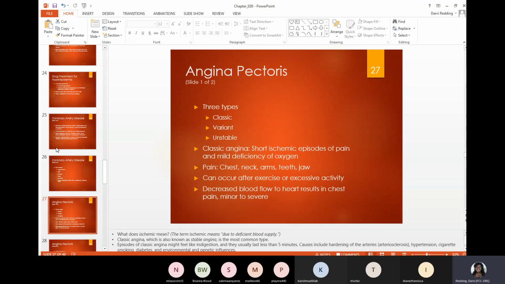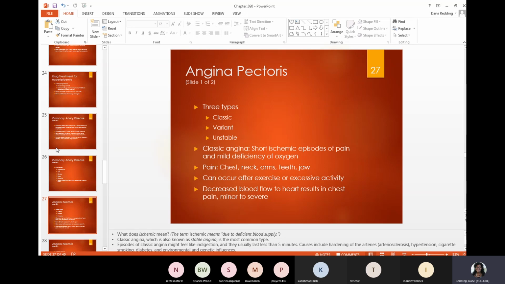Now, a person having angina pectoris would experience pain in either their chest, their neck, their arms, their teeth, or their jaw. And this can occur after exercise or after some excessive activity. When a person experiences angina pectoris, there's going to be decreased blood flow to the heart that results in chest pain, and that can range anywhere from minor to severe.